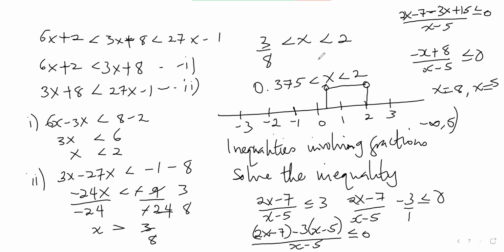So we'll have negative infinite to 5, 5 to 8, and then 8 to infinite.